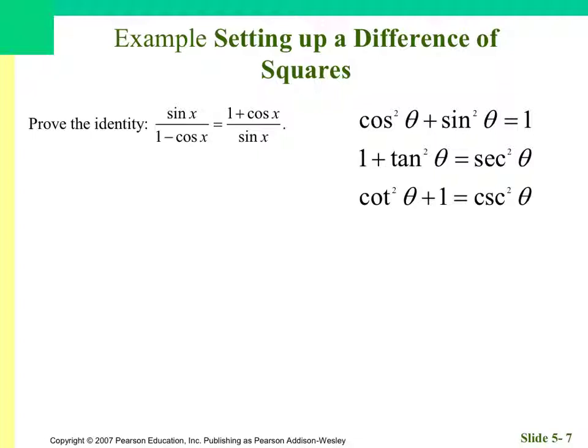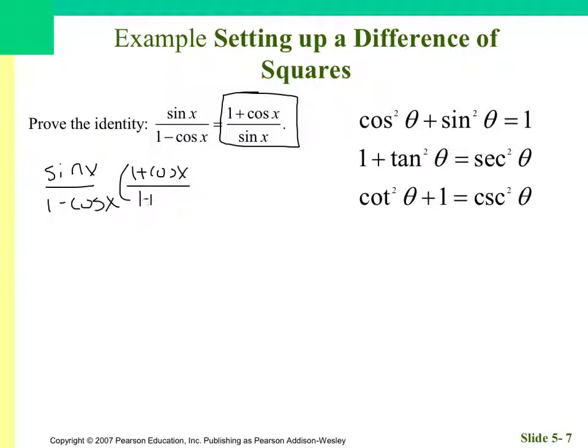So what this is saying is, forget about this side, focus on the first. So I start with this. Well, I see that 1 plus cosine x is on the top in the second.